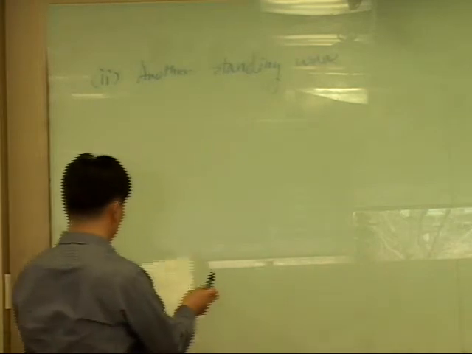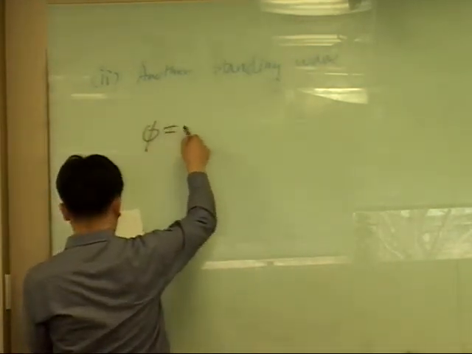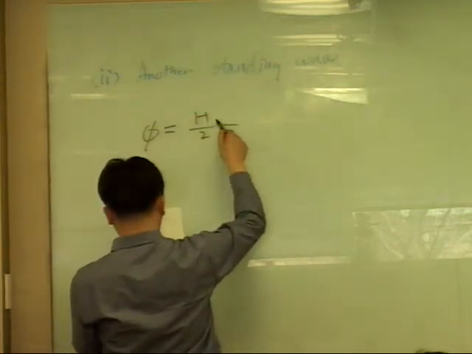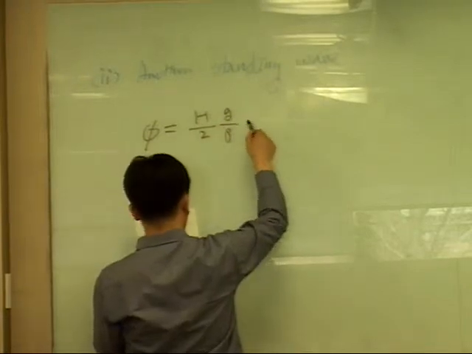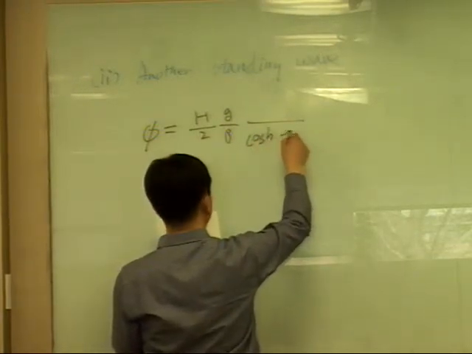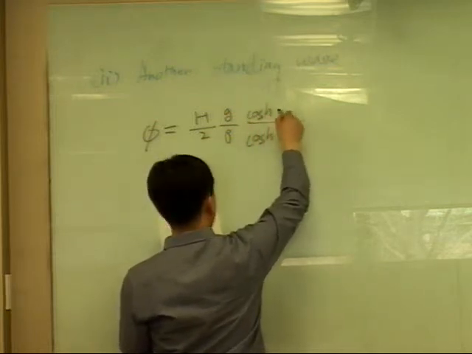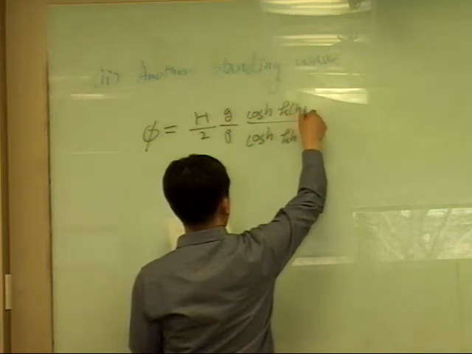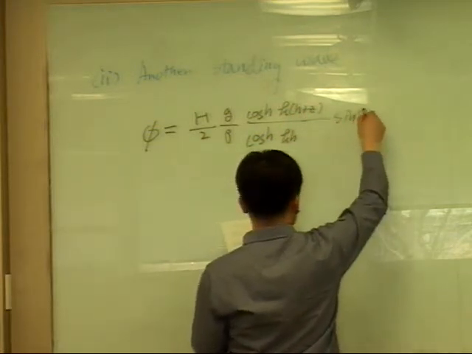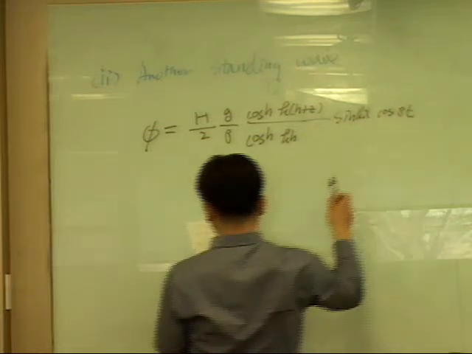Another solution is this one: H over 2, sigma over g, cosh kh cosh, plus g sine kx cosine sigma t.